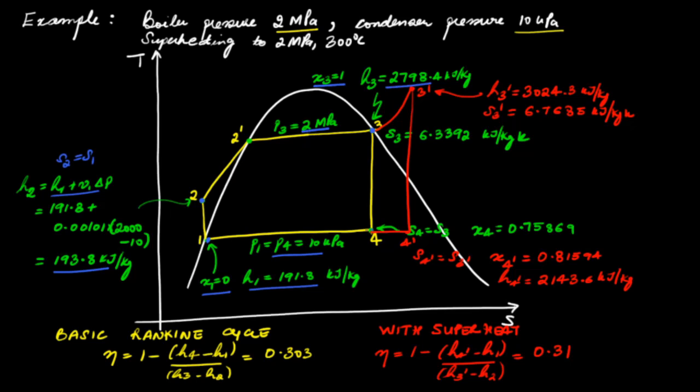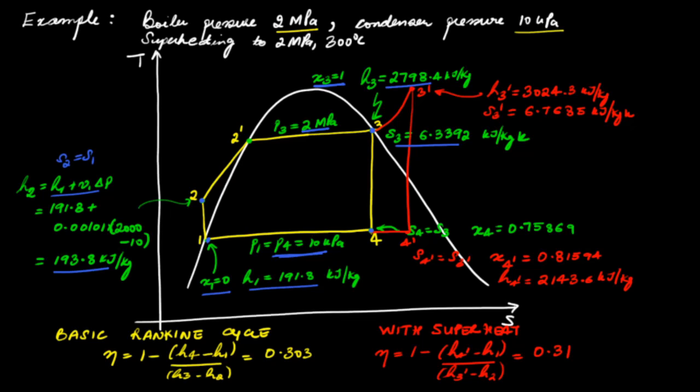Next, we need to find the enthalpy at state 4, but at state 4 we only know the pressure, that is 10 kilopascal. But note that the process 3 to 4 is isentropic. So we first find the specific entropy at state 3, because we know the quality is 1 and the pressure is 2 megapascal. So we get the entropy of the saturated vapor.